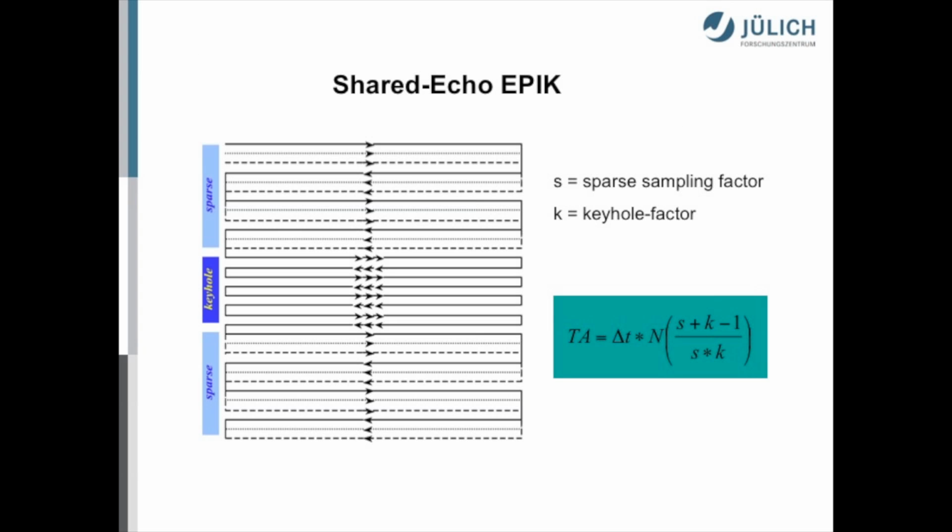So the idea behind EPIC, echoplanar imaging with keyhole, was to say, let's acquire this central region often, but the periphery, I start the acquisition, I acquire the solid line, jumping some lines, and then I acquire all the lines in the central region, and then start skipping again.